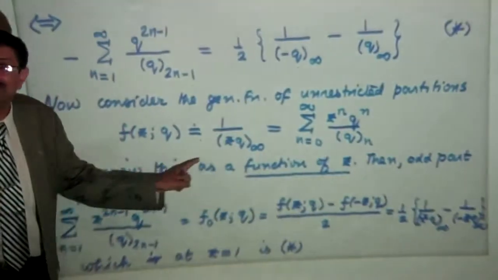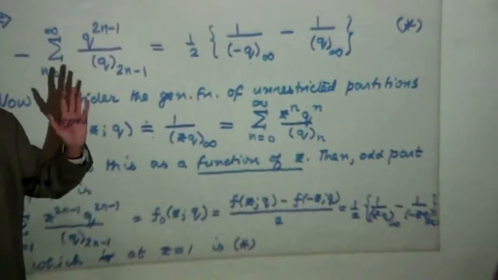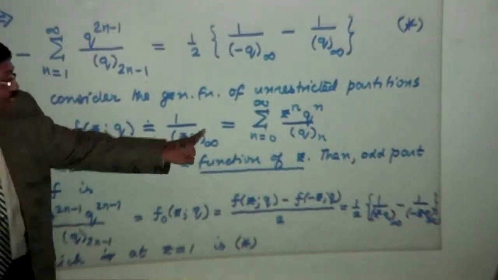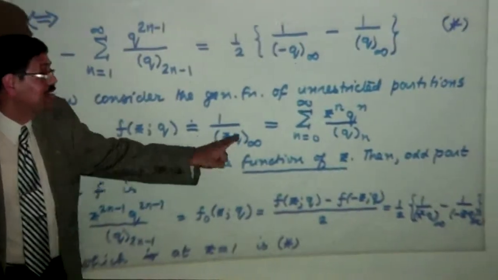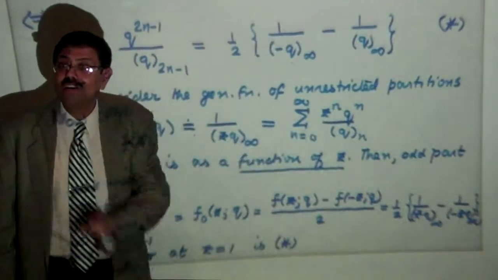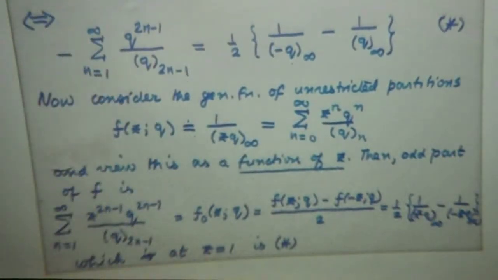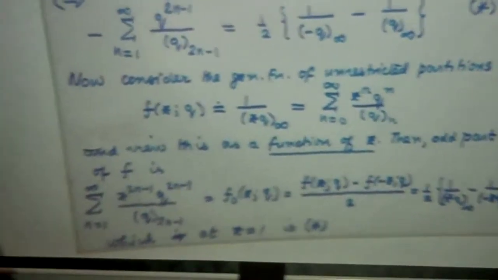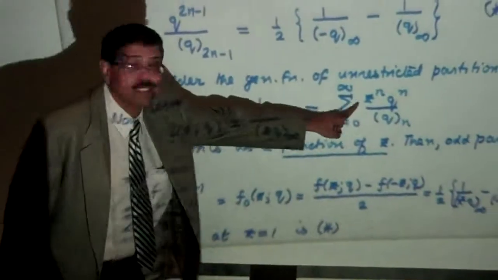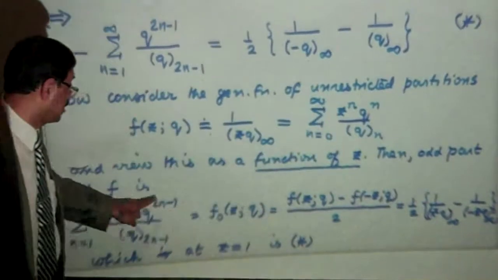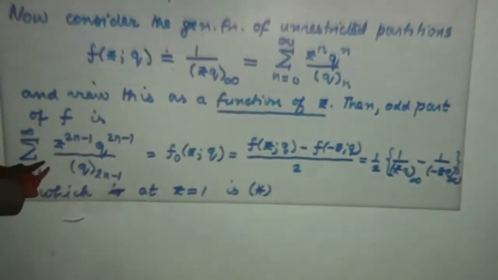Alright, so here's what we do. Look at the generating function for unrestricted partitions. That's the series. Think of this as a function of z, and now ask, what is the odd part in z? You can look at the series and immediately write down the odd part of the function as this series.